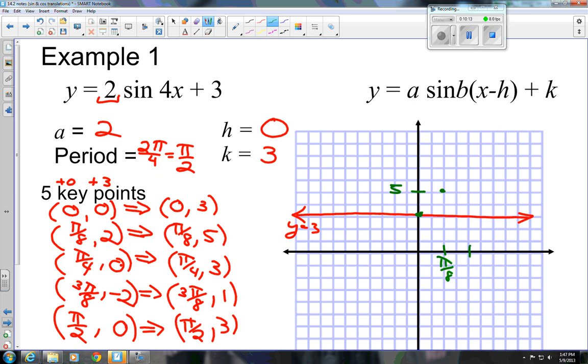I have the point pi over 4, 3. You label it down here where you went down to the 1. Be sure you label where your high point and your low point are. And then you connect your dots.